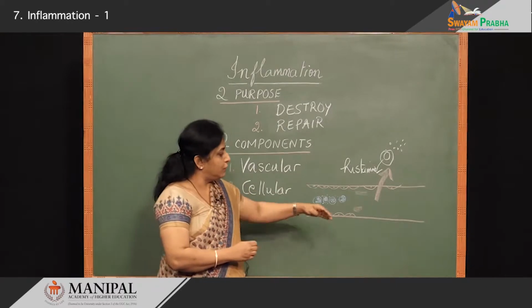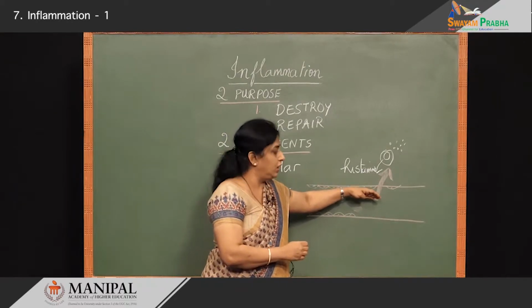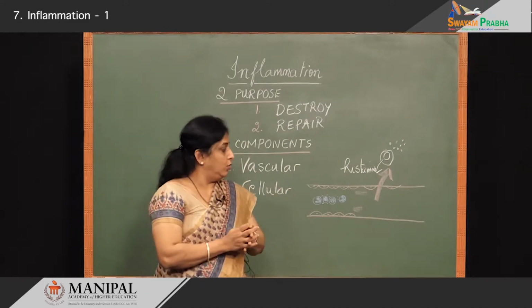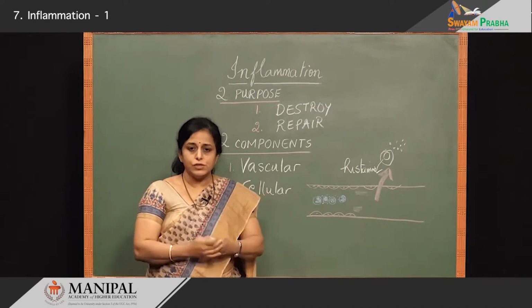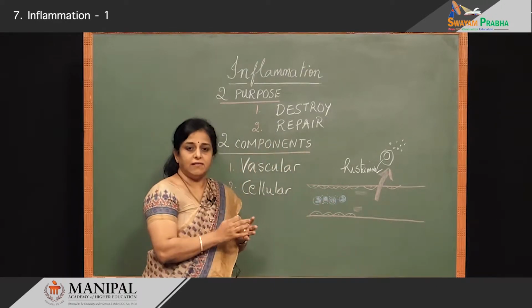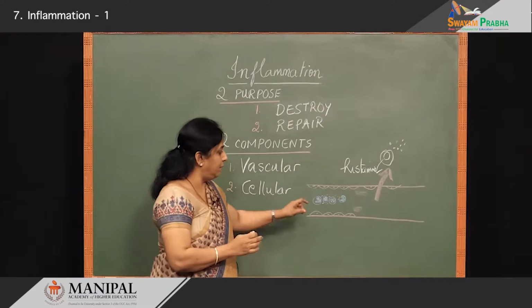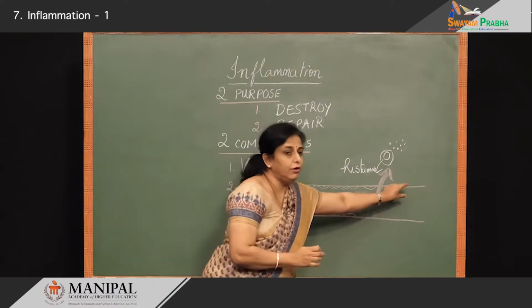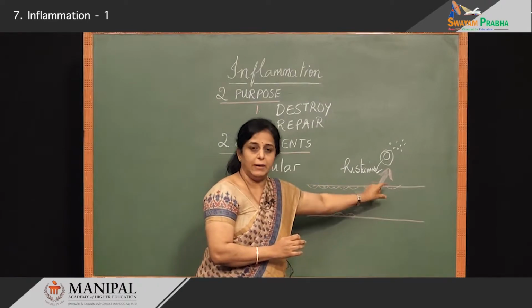Also, we learnt that because of the movement of fluid from the circulation to the tissues, there is stasis within the blood vessels. Now, this stasis, what happens? Because of the hemodynamic changes, normally you know that the cells, the WBCs, the RBCs and the platelets, which are the cellular components in the blood, they move in the center of the bloodstream, what is called as a laminar flow.